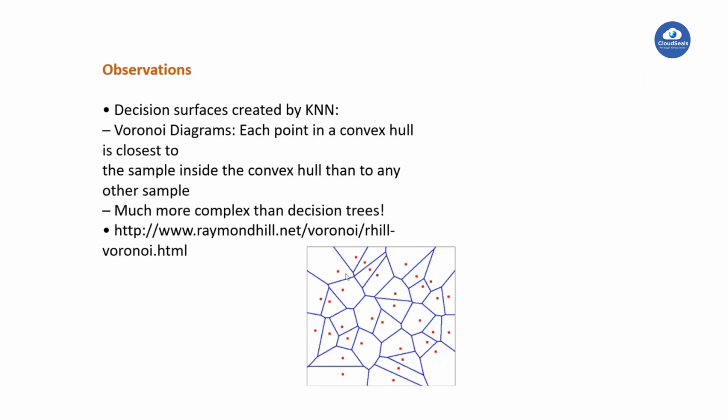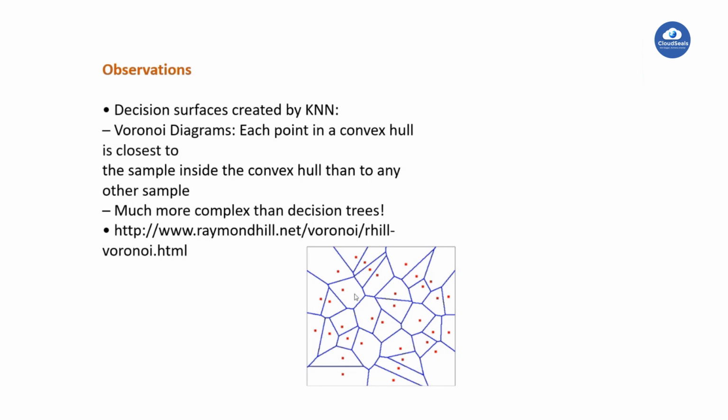For example, let's take this as the convex hull. This means whatever data points are under this convex hull are very close compared to the other convex hulls.